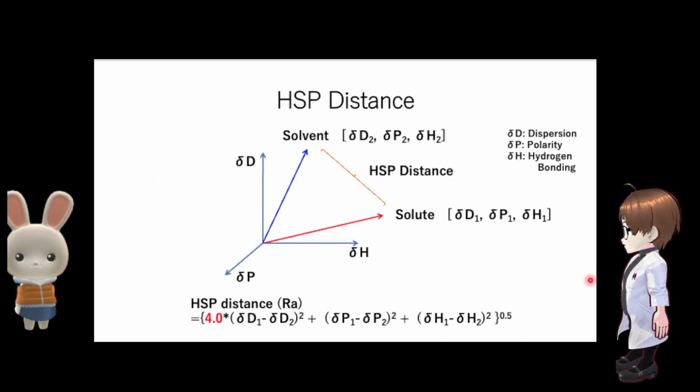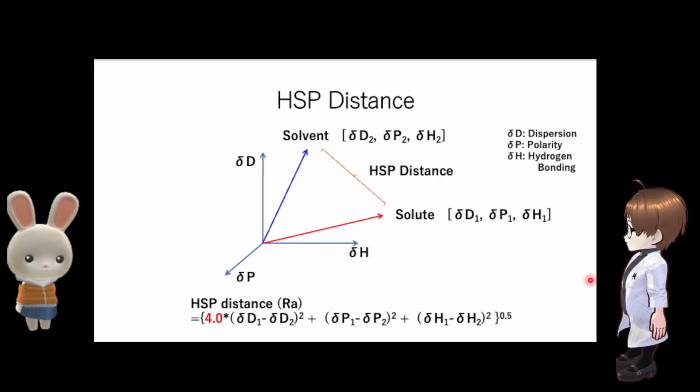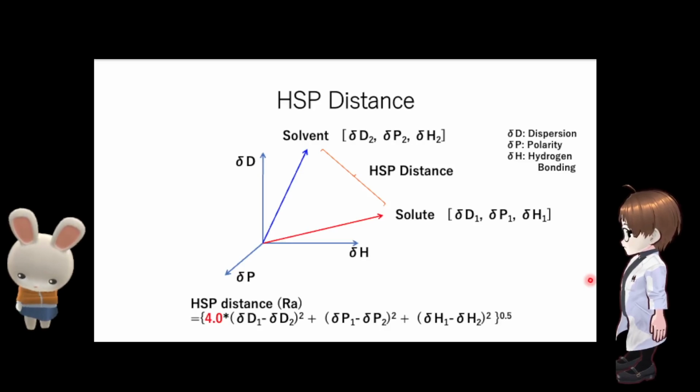Before analyzing, let me explain the similarity of HSPs. The HSP is represented by a vector of three components, the dispersion term, the polarization term, and the hydrogen bonding term.